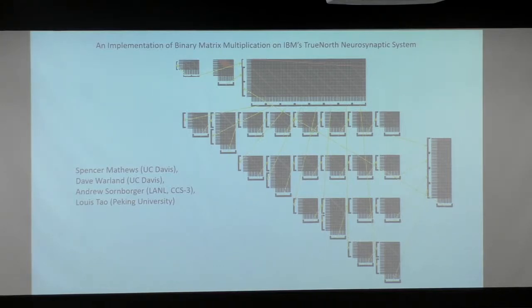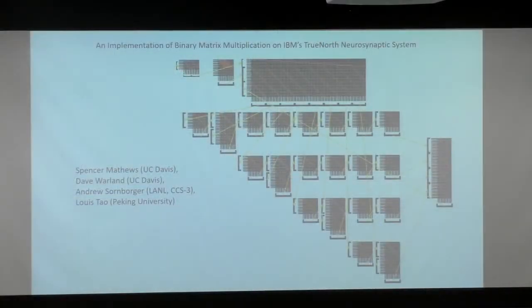Hi, I'm Andrew Sornborger at Los Alamos. Spencer couldn't be here today, so I'll talk a little bit about this. In this poster, we present an implementation of a way to do binary matrix multiplication on the TrueNorth system. This was basically an exploration we were interested in, because using fewer events can potentially allow you to use less power on one of these chips.